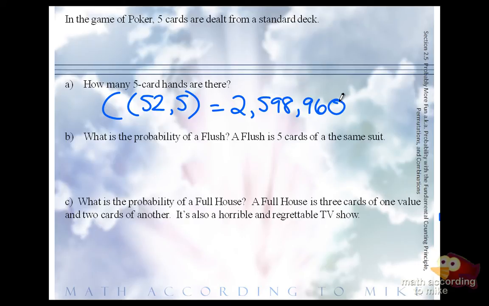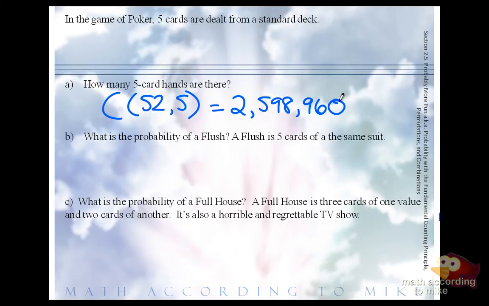So let's talk numerator and denominator. The numerator would represent what? Careful. Numerator is the part: the number of ways of getting a flush.